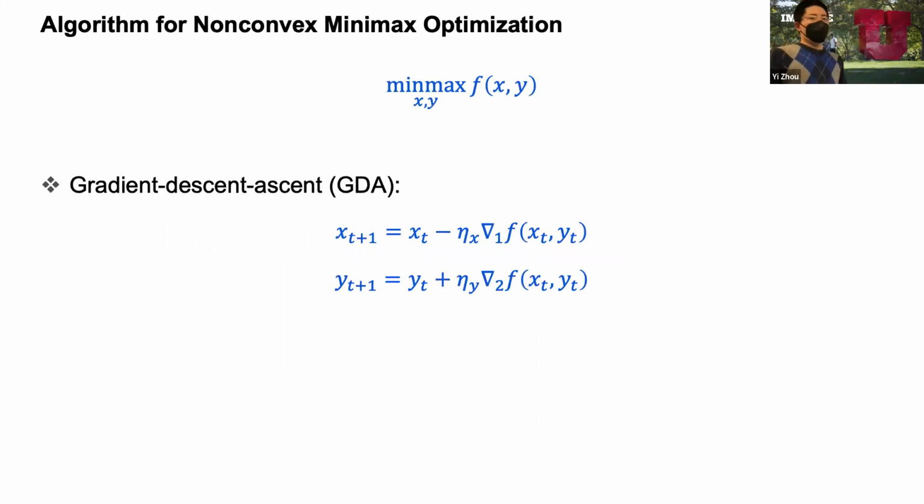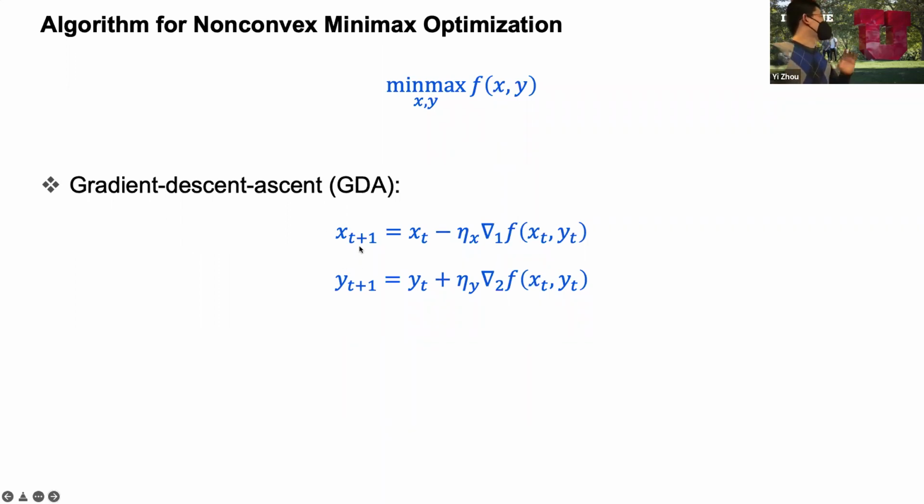So let's consider this generic minimax optimization problem. Since we are minimizing over x and maximizing over y, very intuitively, we may want to try gradient descent on x and then try gradient ascent on y. And that is the key idea of the gradient descent-ascent algorithm.